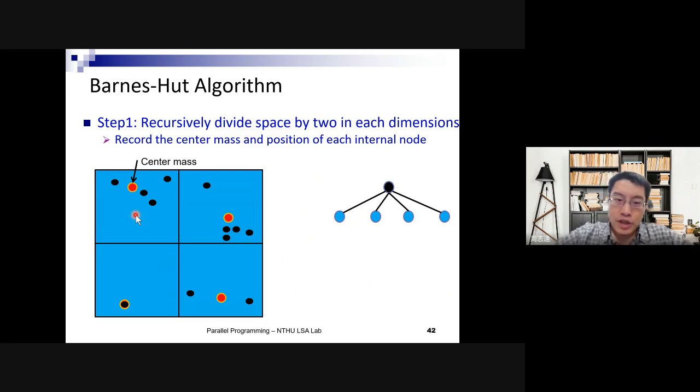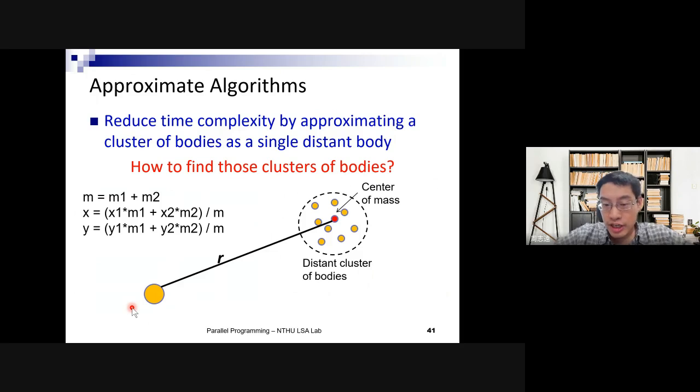So the idea here is that we can proxy them as a cluster if the distance among all the objects in this cluster is much smaller than the distance from this central mass to our object. We consider this condition because this is exactly the basic concept of our approximation.